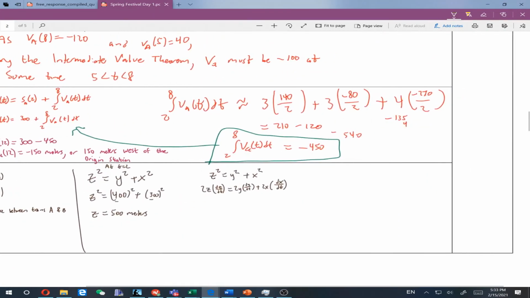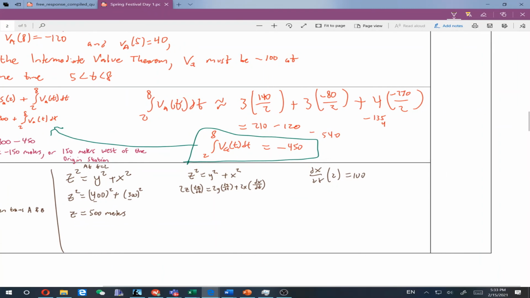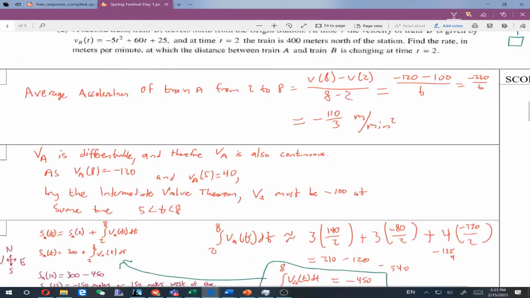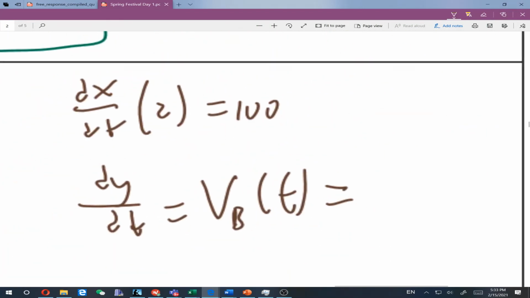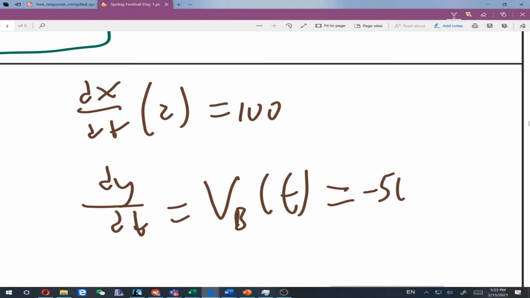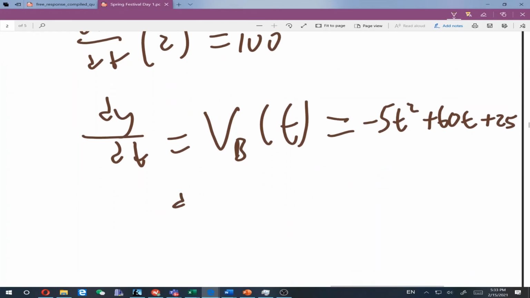Okay, so dx over dt is 100 at the time 2. dy over dt is vb at t, which is given as negative 5t squared plus 60t plus 25. So at the time t equals 2, what's going to happen?